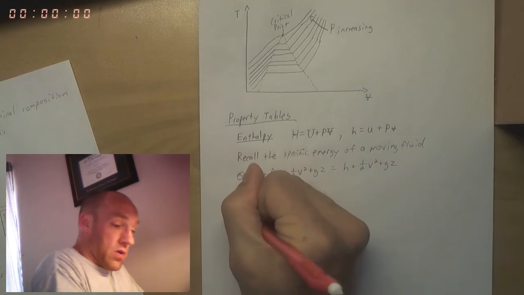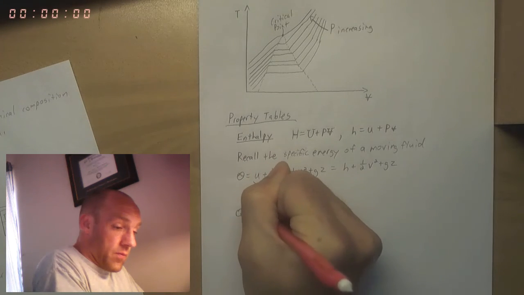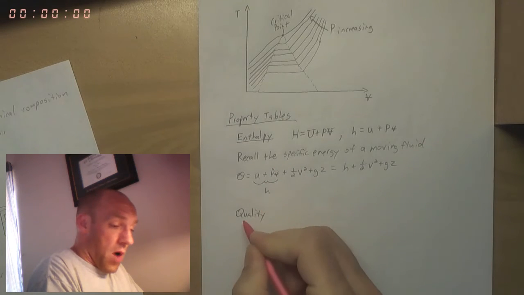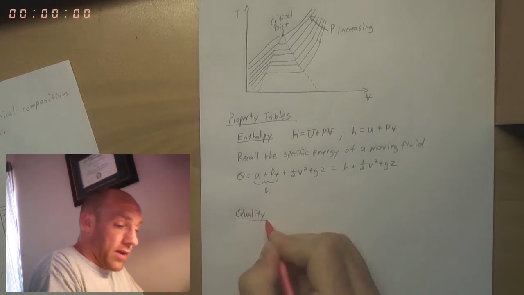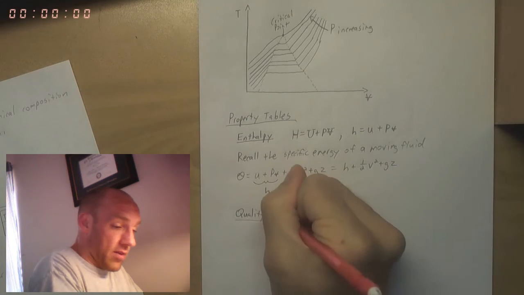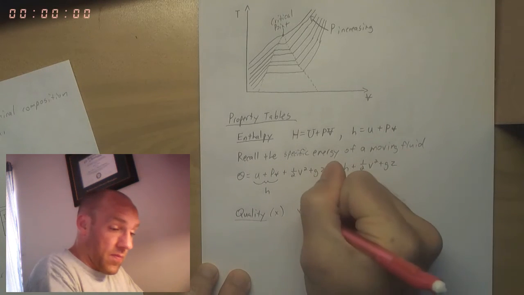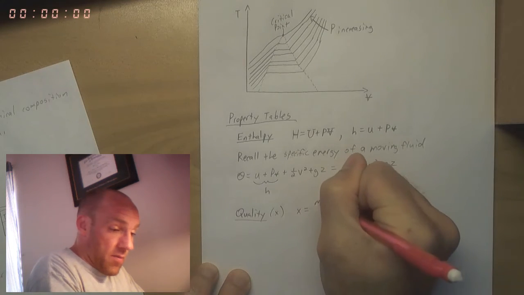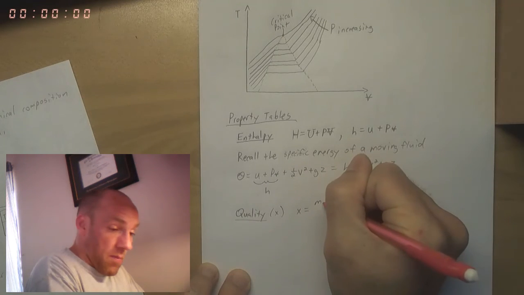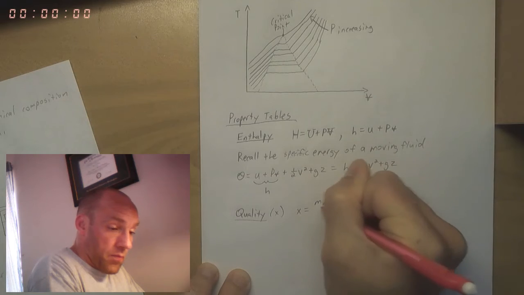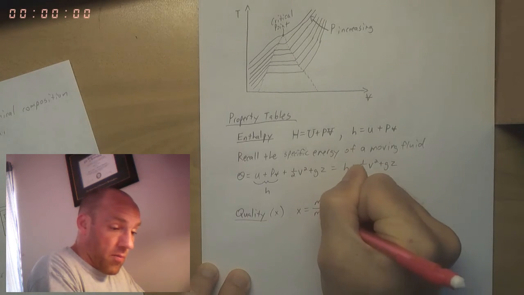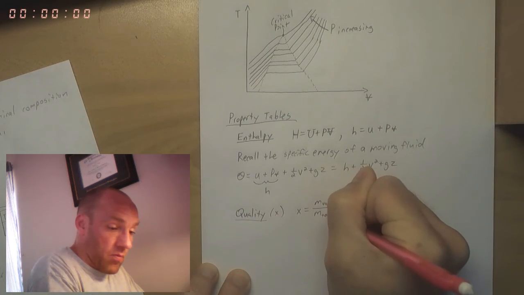Now, quality. There's a property known as quality, given the symbol X, and it's the mass of the vapor divided by the total mass of the substance.